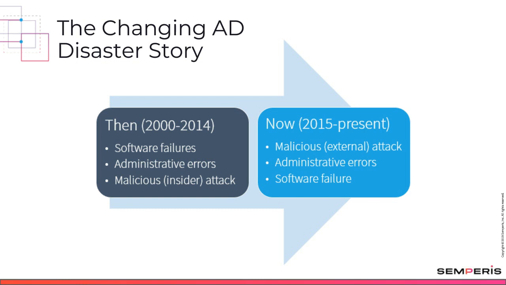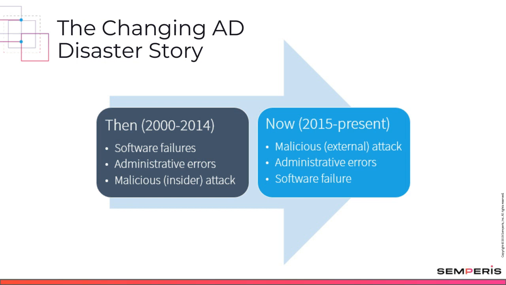And then at the bottom of the list is some sort of a software failure. And of course, historically, there's always been this issue of physical disasters like a hurricane or massive power failure or something like that. And the risk profile of that hasn't really changed. But this introduction of external threats from attackers using malware has really changed.